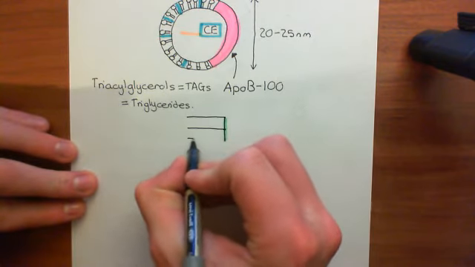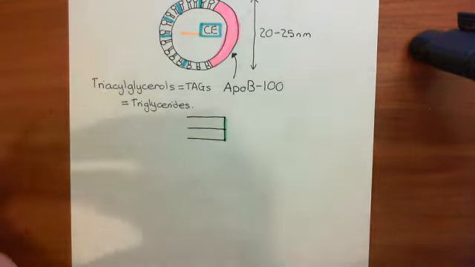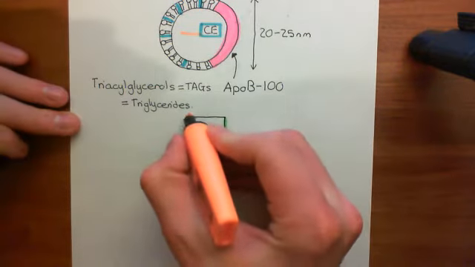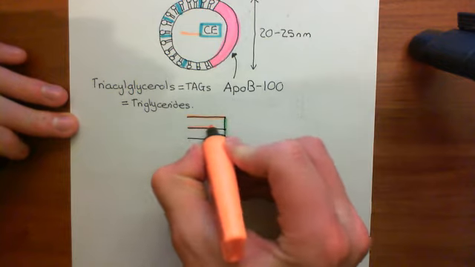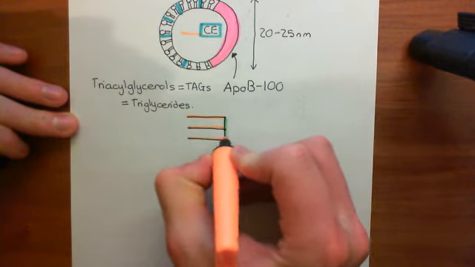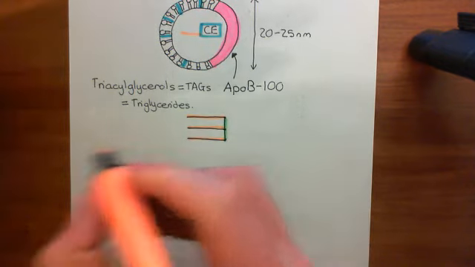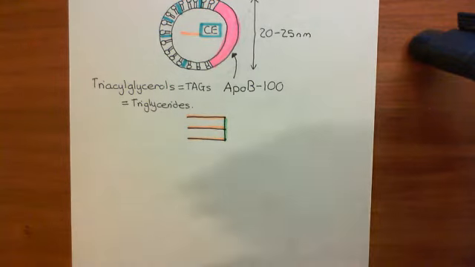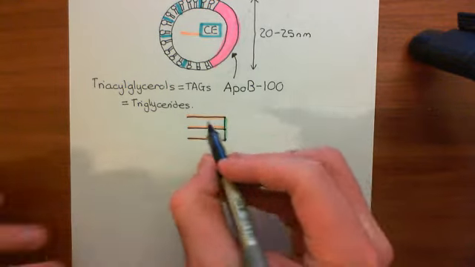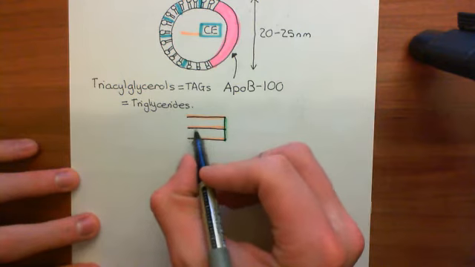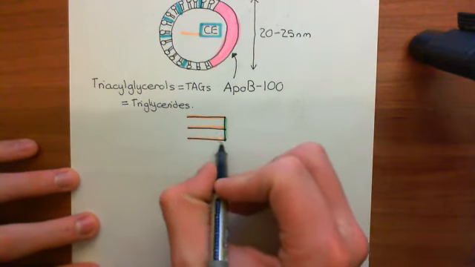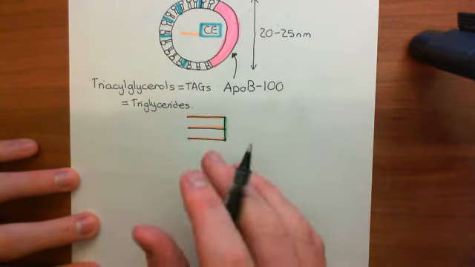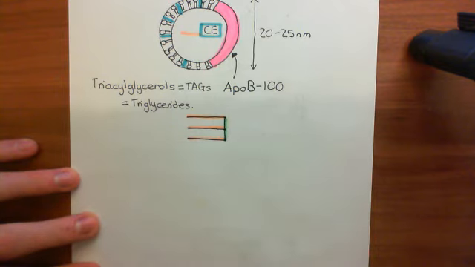So we're going to put long chain carboxylic acids on all three of the alcohol groups. Now these long chain carboxylic acids do not need to be the same. You can have stearic acid here, palmitic acid here, linoleic acid here, whatever you want basically. So there are many different triacylglycerol molecules.